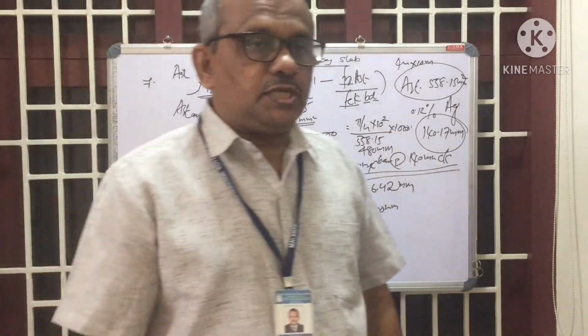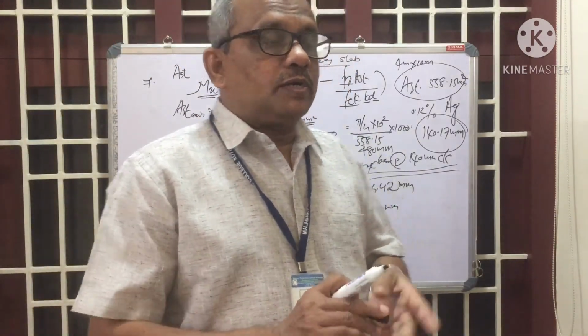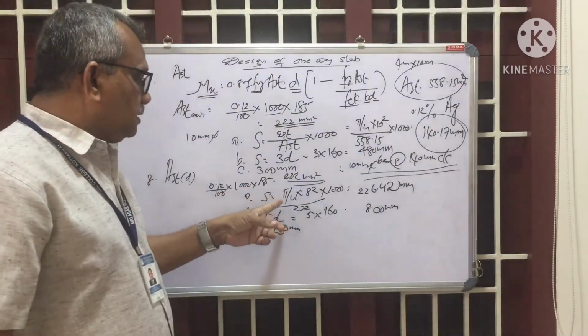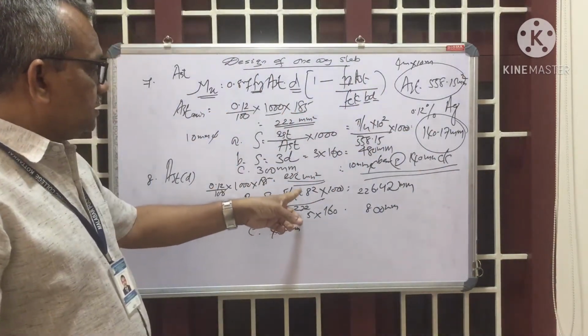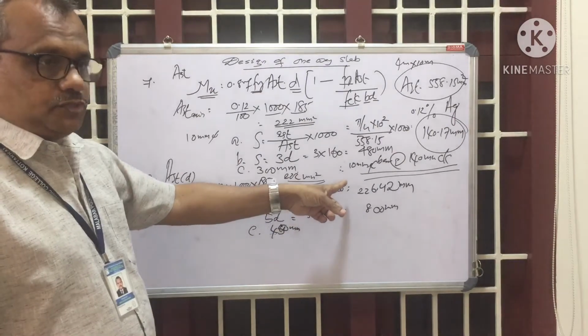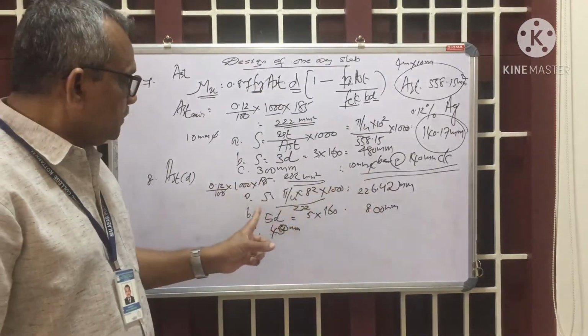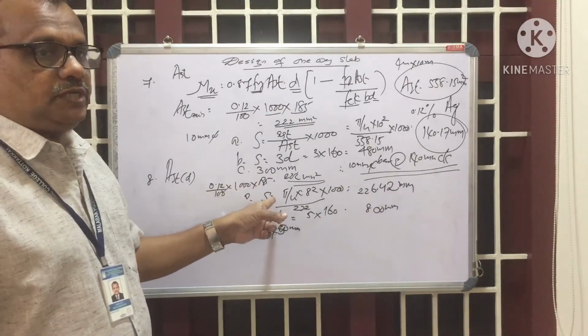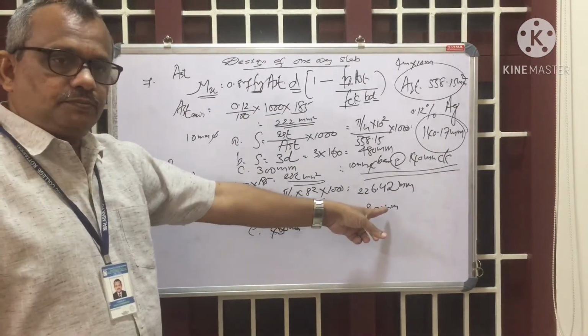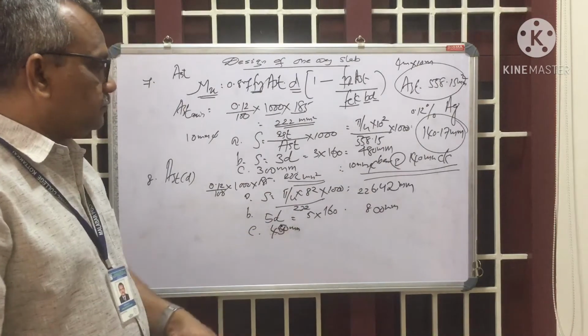So for distribution steel, what are the three provisions to get the spacing? First one, find out the spacing taking small ast by capital Ast into 1000, that is one value. Second value, 5 times the effective depth, 5 into 160, 800 mm, and third one, 450 mm.